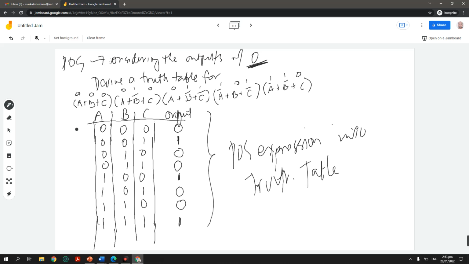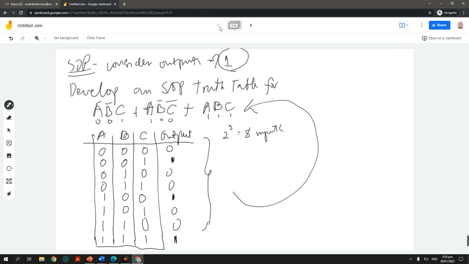The same in the SOP, as we have discussed. If you are given the table and you are to convert it into an expression, consider only those with output of 1 since it is SOP, and those inputs with 1 should be written in true form and those inputs with 0 are written in complemented form. That is for the SOP.